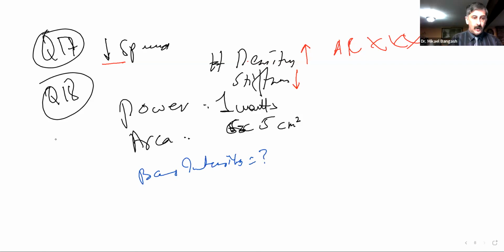If you know the formula for intensity, it is power divided by area. Now you just put the numbers in.